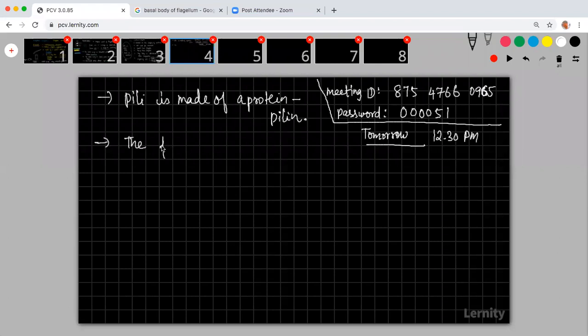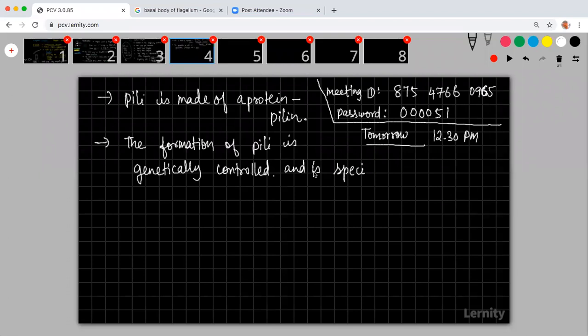The formation of pili is genetically controlled and is specific. Okay, so with this, that part is over. Now we'll move on to Fimbriae.